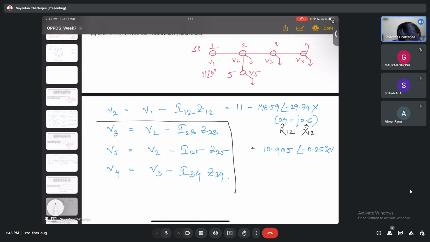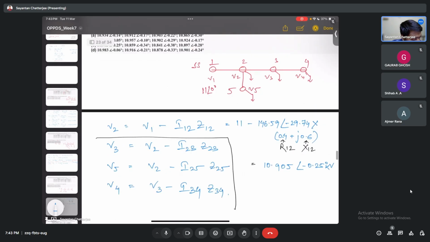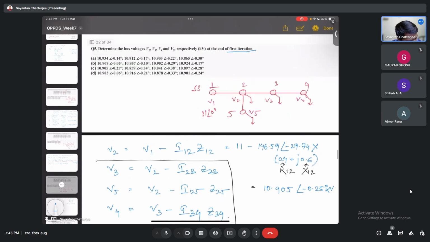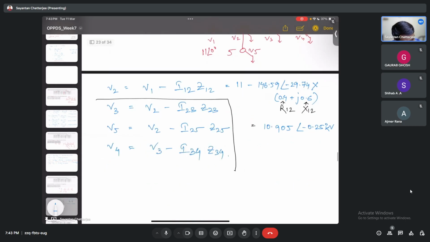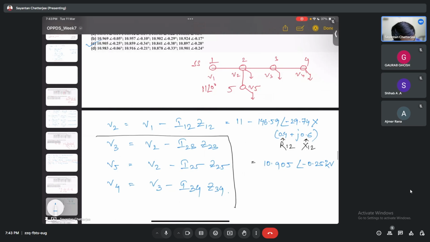So just check once whether the values are correct or not. I think it will be correct because I've taken from the final answer given. So we can clearly see that only option C is matching. Similarly, we need to find the values of V3, V4 and V5, and those values would be 10.859, 10.841 and 10.897.